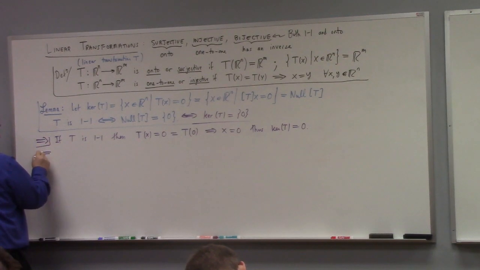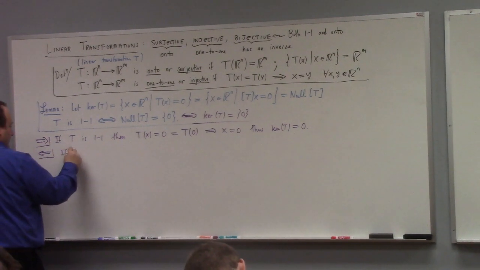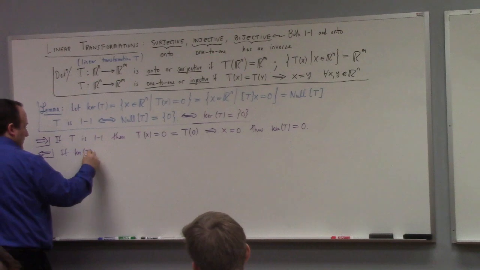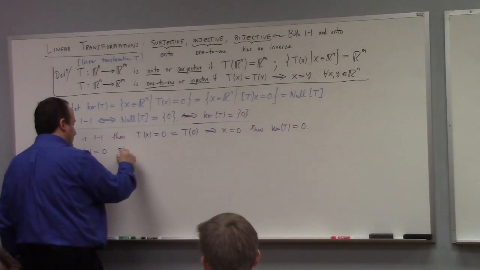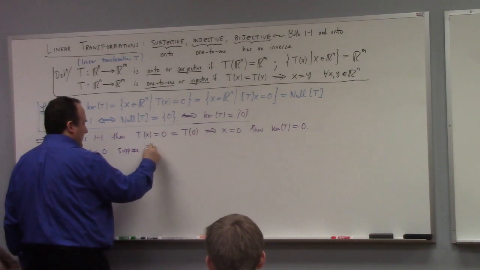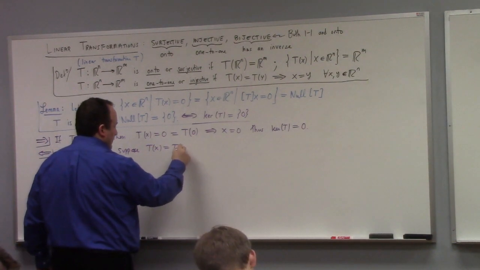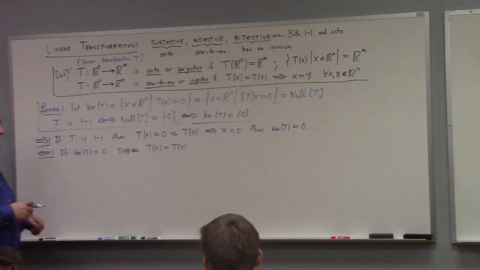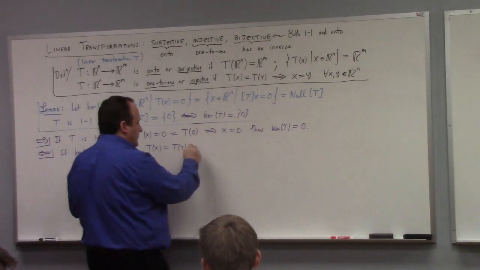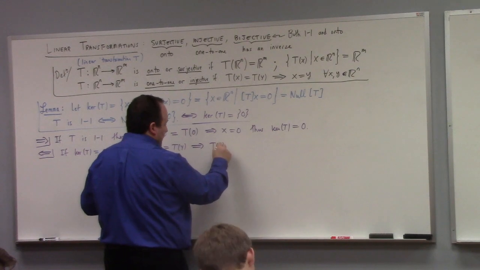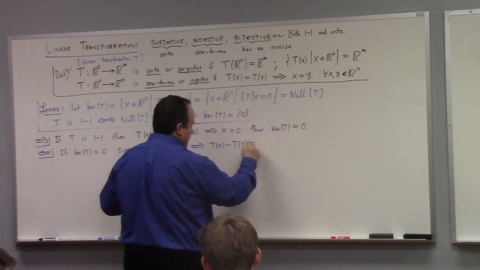The other direction, if we have kernel T is equal to 0, right? Suppose T of x equals T of y. All right, what if T of x is equal to T of y? Well, if T of x is equal to T of y, that tells me that T of x minus T of y is equal to 0, right?